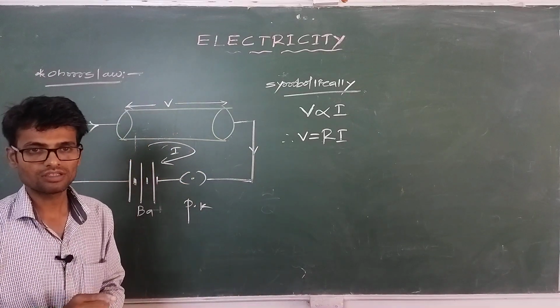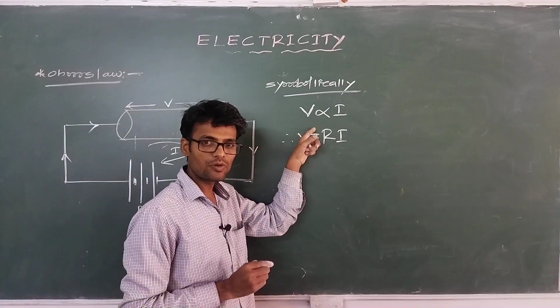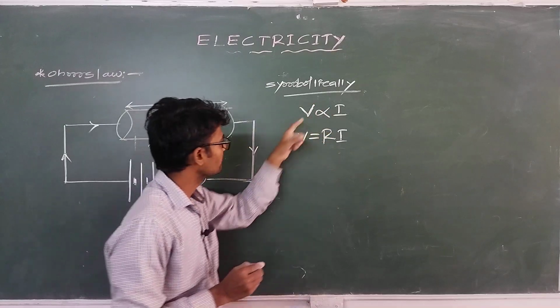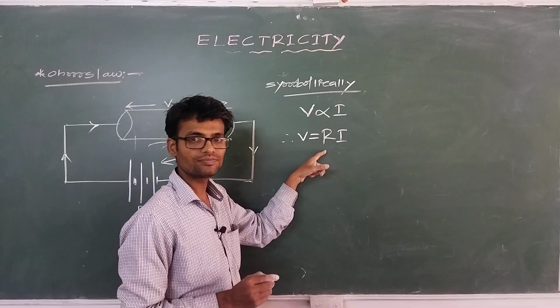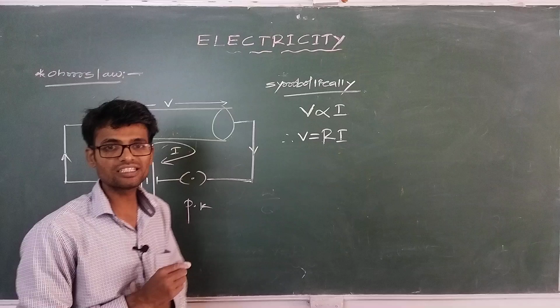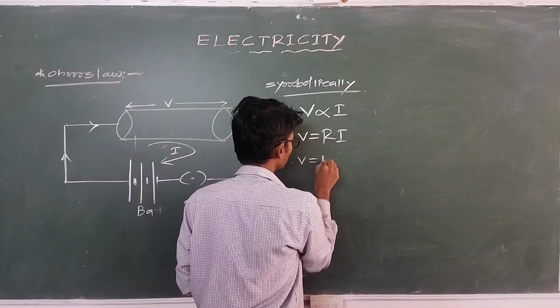Very important. At the beginning I wrote potential difference is directly proportional to current. I removed the proportionality sign, and in its place I have written R. So R is a proportionality constant known as the resistance of the conductor. So therefore we have V is equal to IR.